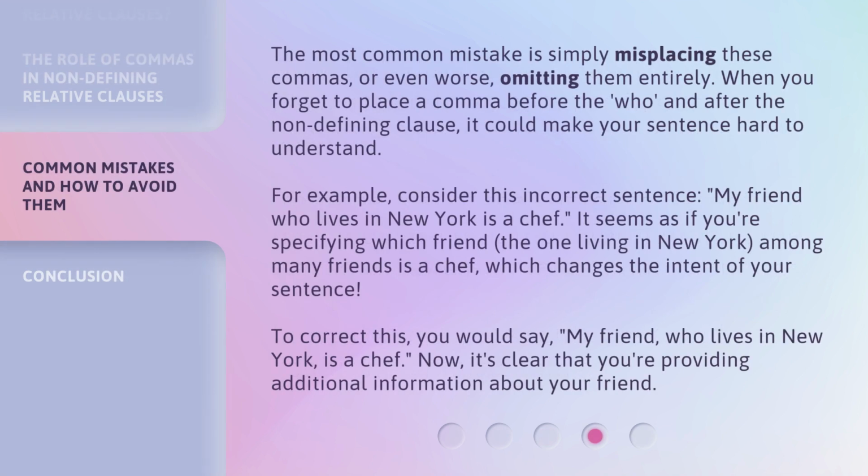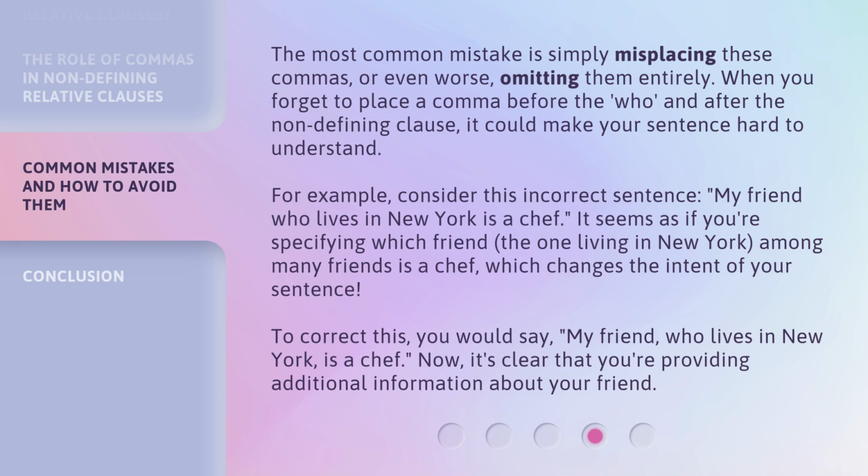The most common mistake is simply misplacing these commas, or even worse, omitting them entirely. When you forget to place a comma before the who and after the non-defining clause, it could make your sentence hard to understand. For example, consider this incorrect sentence. My friend who lives in New York is a chef.